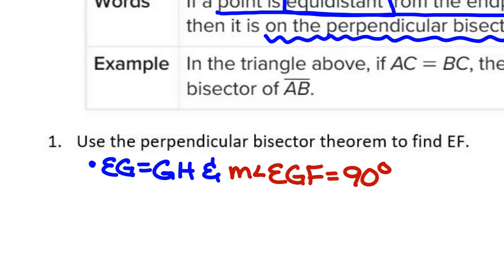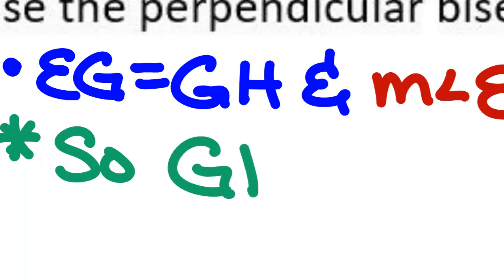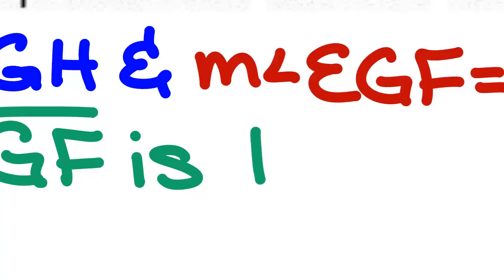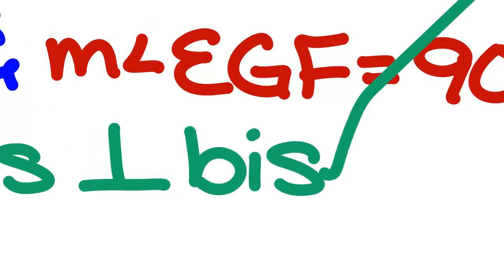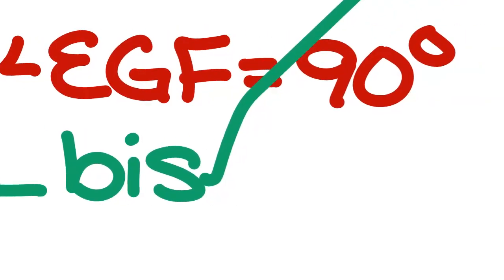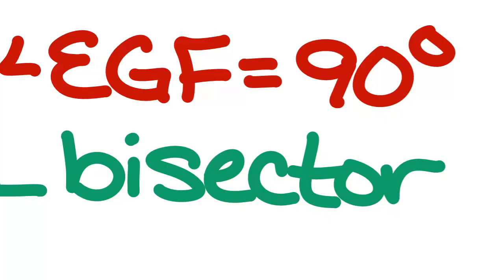So we have a midpoint and we have a right angle. So that means that GF is the perpendicular bisector of EH.